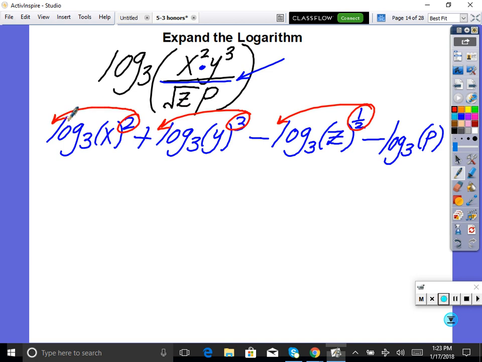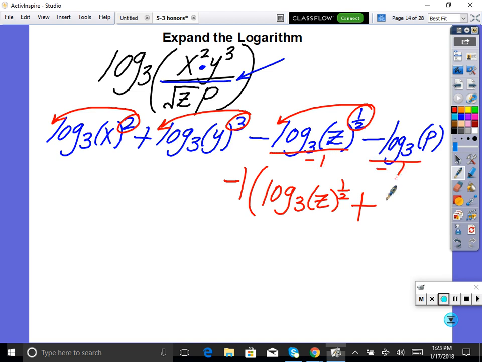Now think about this, okay? I'm not going to rewrite it for a second because a lot of people did this, which was equally correct. A lot of people have a hard time with, well, what the heck? That's two divisions. It throws people off. But if you think about it like this, couldn't I technically rewrite this equivalently as pull out a -1, and then we have log to the base 3 of z to the 1/2 plus log to the base 3 of p, and then that takes care of it.